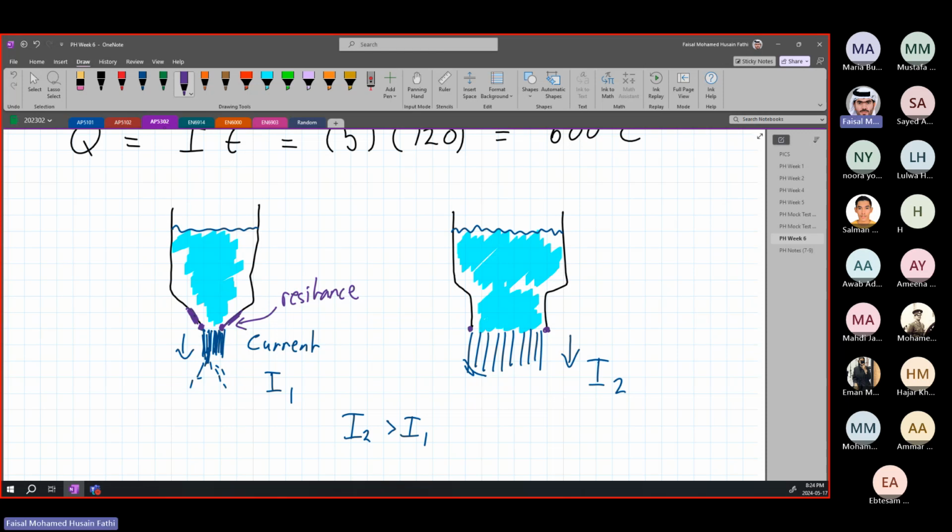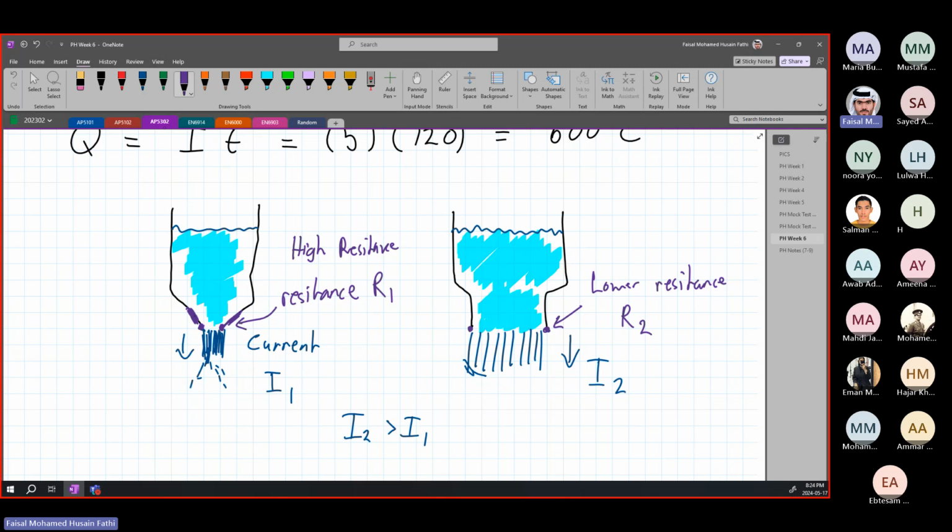So here we have high resistance. In other words, we call this R1. And here we have a much bigger opening, so we have lower resistance. This is R2.